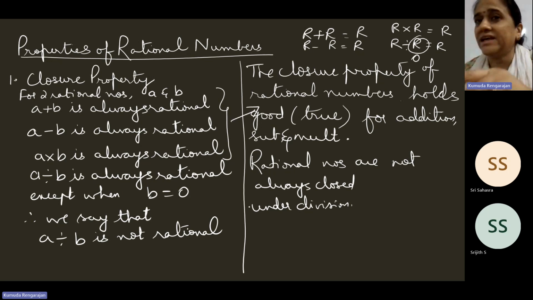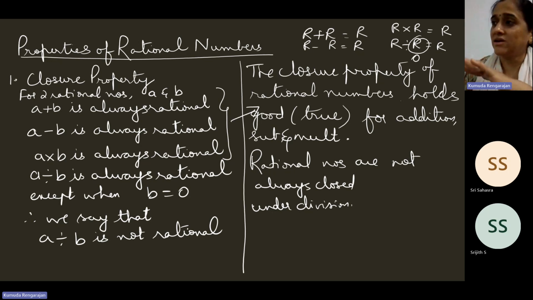So because we have that exception, we say the closure property does not hold good for division of rational numbers, but it holds good for addition, subtraction, and multiplication of rational numbers. So this is the closure property.